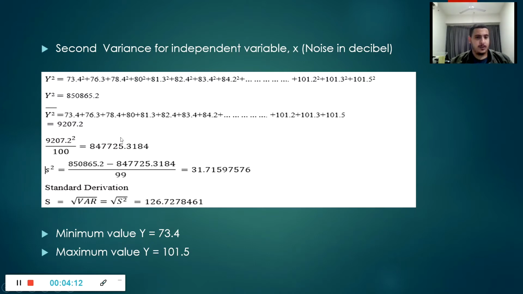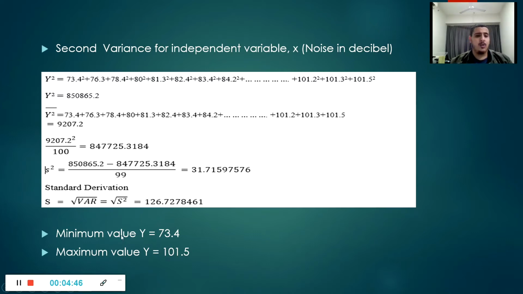For the standard deviation squared, we will have the sum of this equation minus the y squared, which is 847725.3184, divided by n minus 1, which is 99. We will get 31.7179756. For the standard deviation, we will take the root of this value, and this will be 126.7278461.